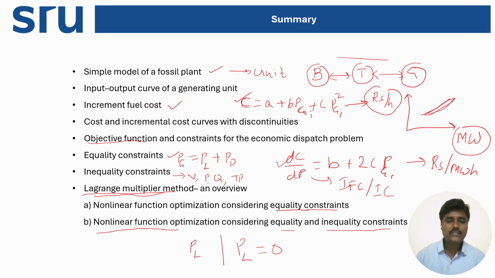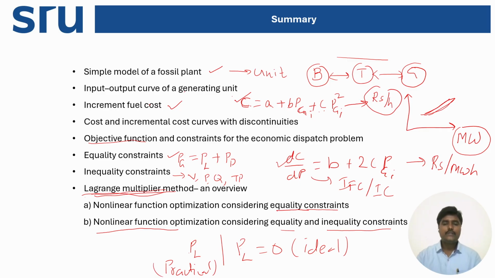Neglecting the transmission losses is a kind of ideal case, but considering the transmission losses is the real-time practical case. All these concepts we will implement in the coming lectures in solving numerical problems, using the conditions determined by the Lagrange multiplier methods.